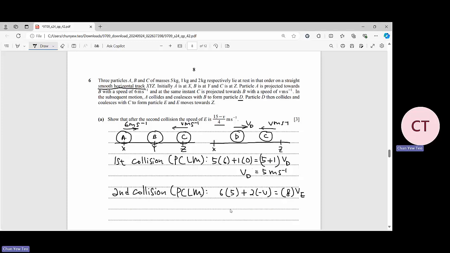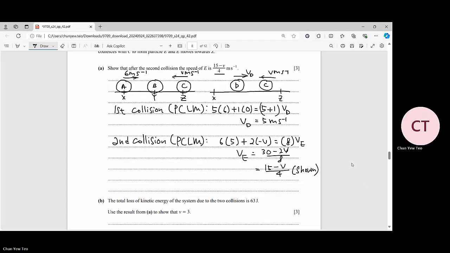After they combine together, your vE will be (30 minus 2V) over 8, or you can divide everything by 2. This is what you were asked to show. So this is the answer for part A.